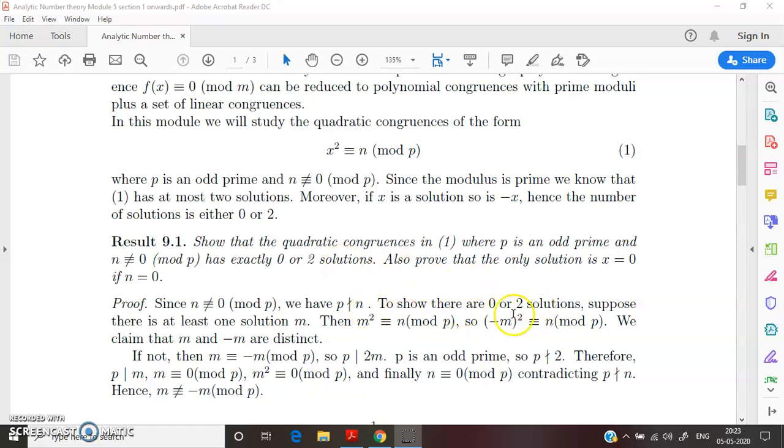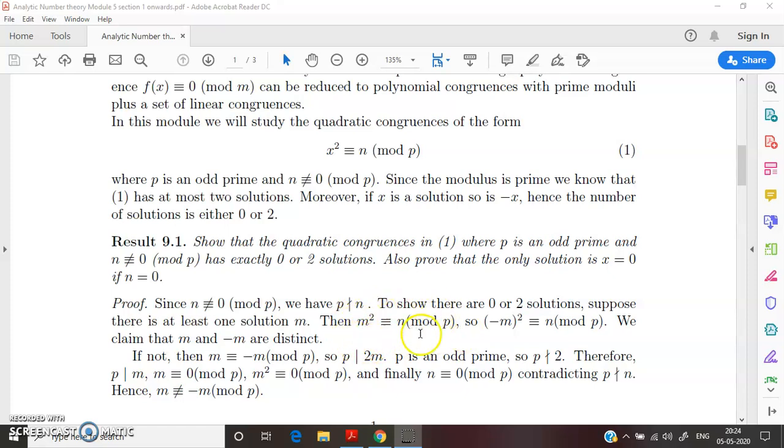To show that there are 0 or 2 solutions, that is, either no solution or exactly two solutions, we first consider the case that there is at least one solution. Suppose m is a solution. Then m should satisfy x² ≡ n mod p, so m² ≡ n mod p.